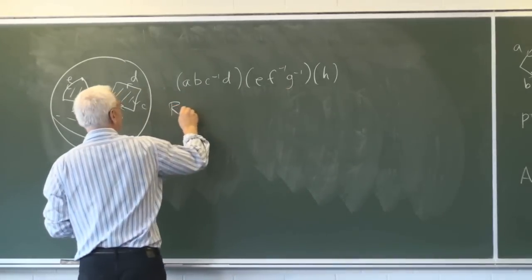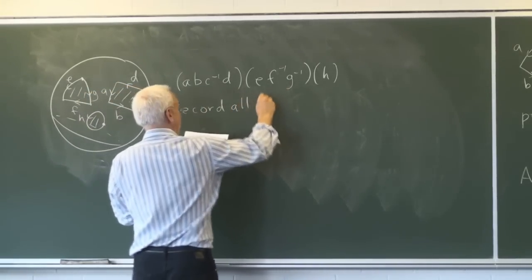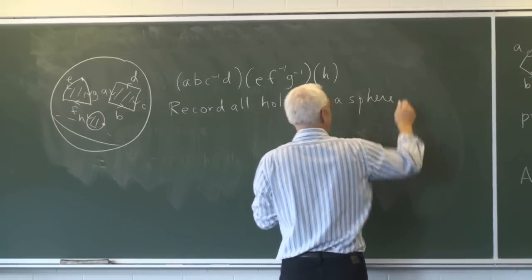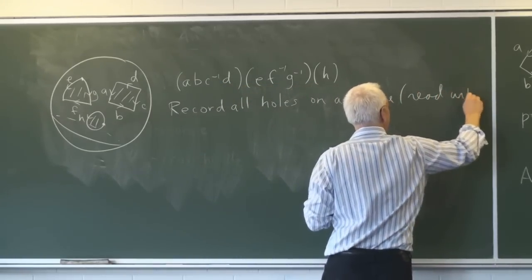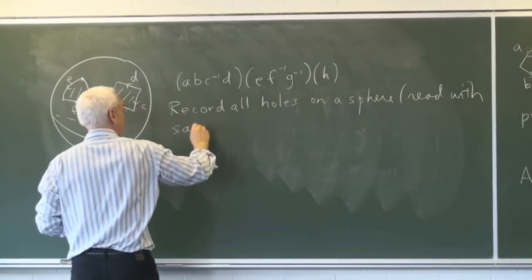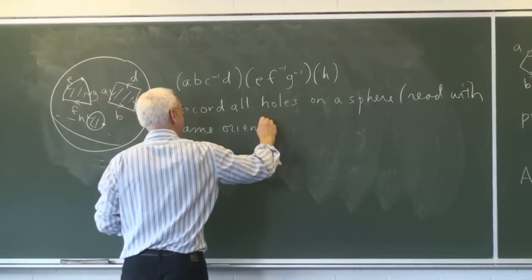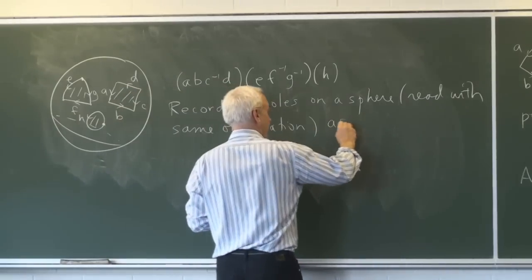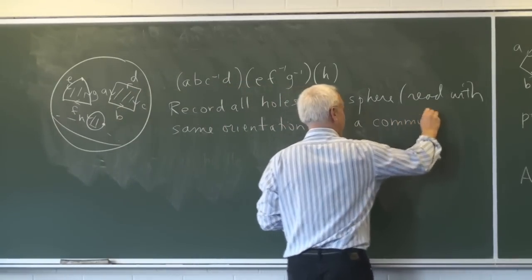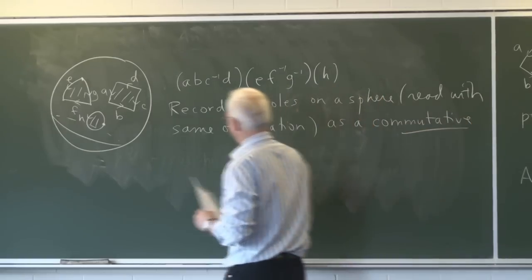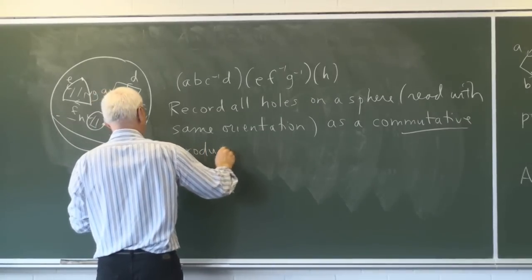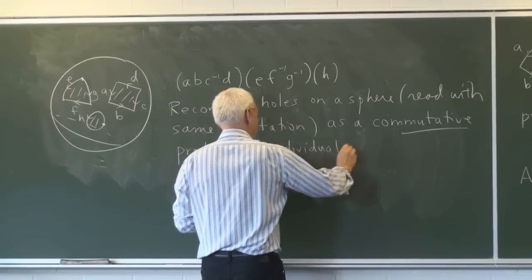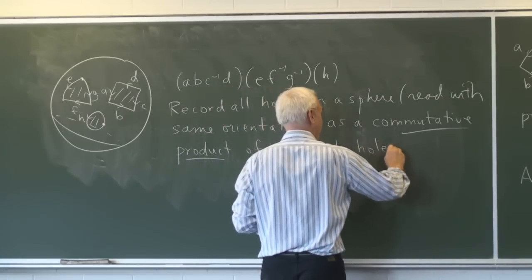So we're going to record all the holes on a sphere, each of them read with the same orientation, as a product, in fact, as a commutative product, of individual holes or words.